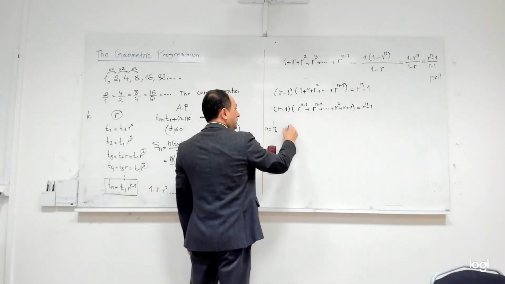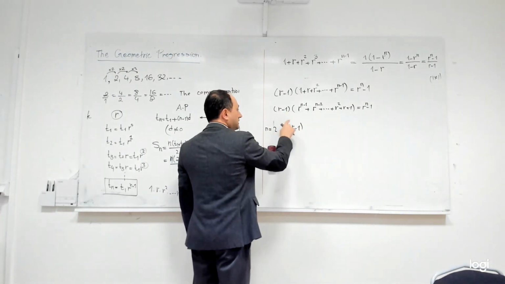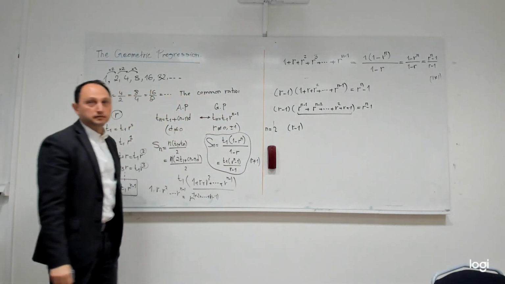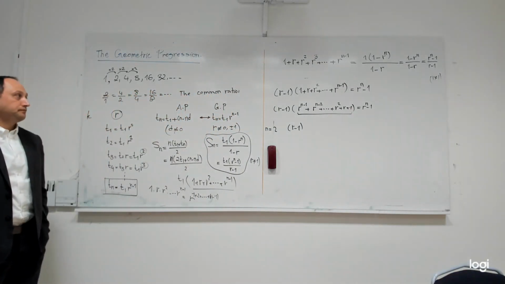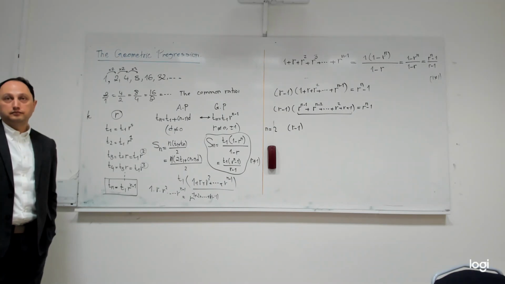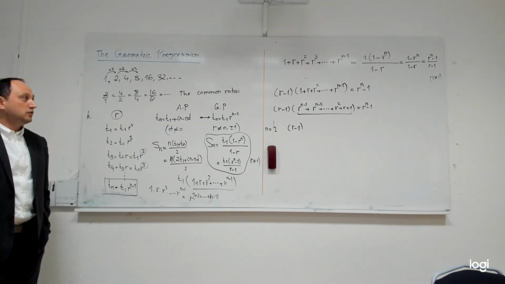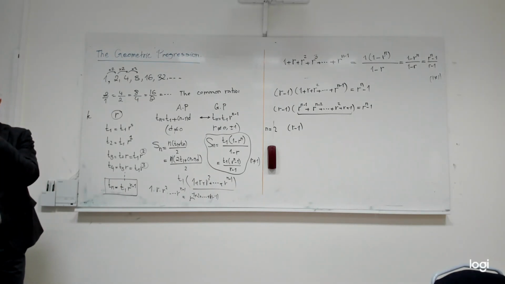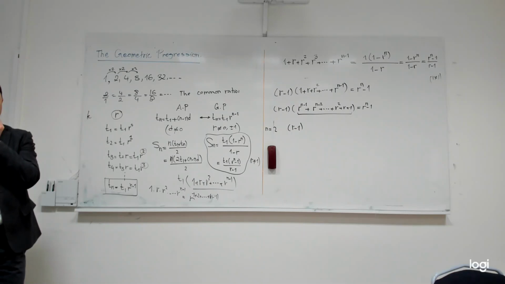If I choose n equals to 2, then it becomes what? R minus 1. Can you tell me what will happen for this if n is equal to 2? If n is equal to 2, what can I write for the second pair of brackets? What should I write?